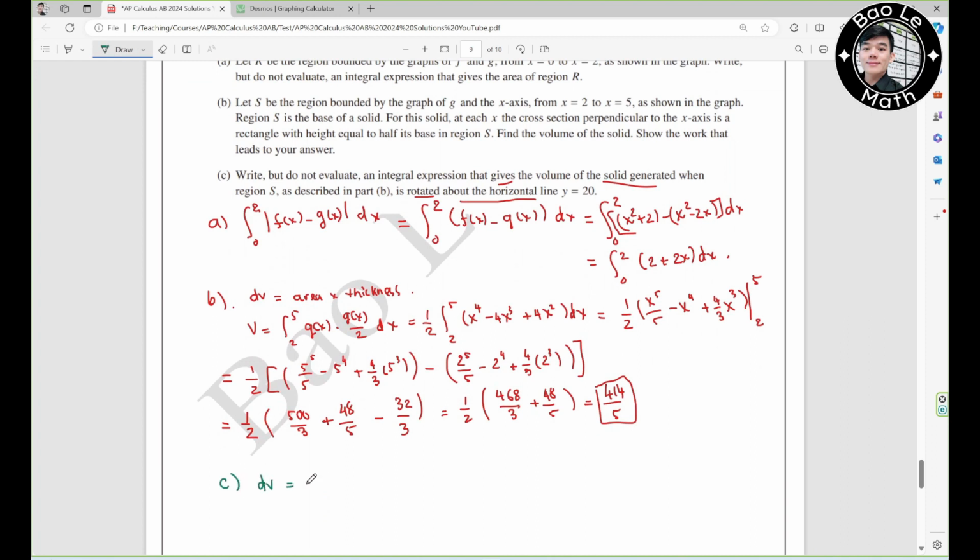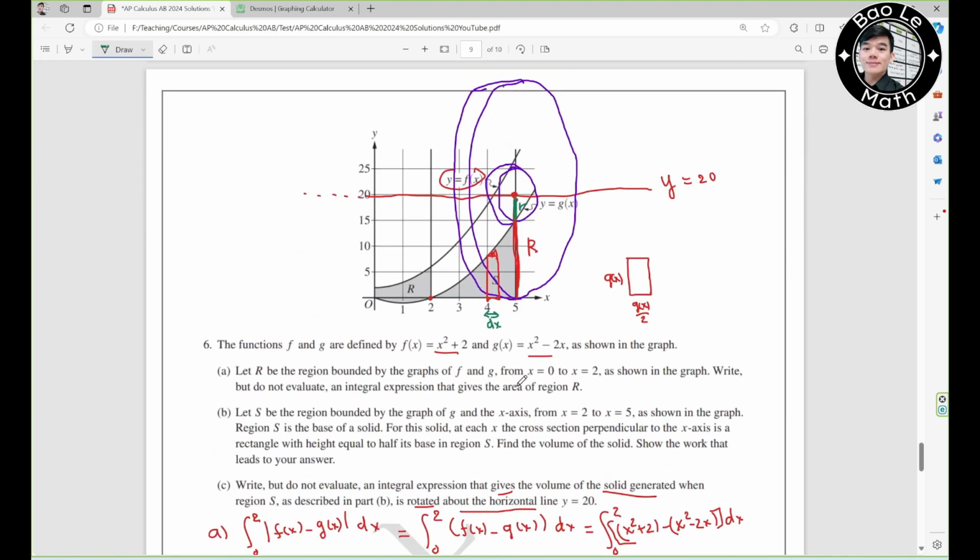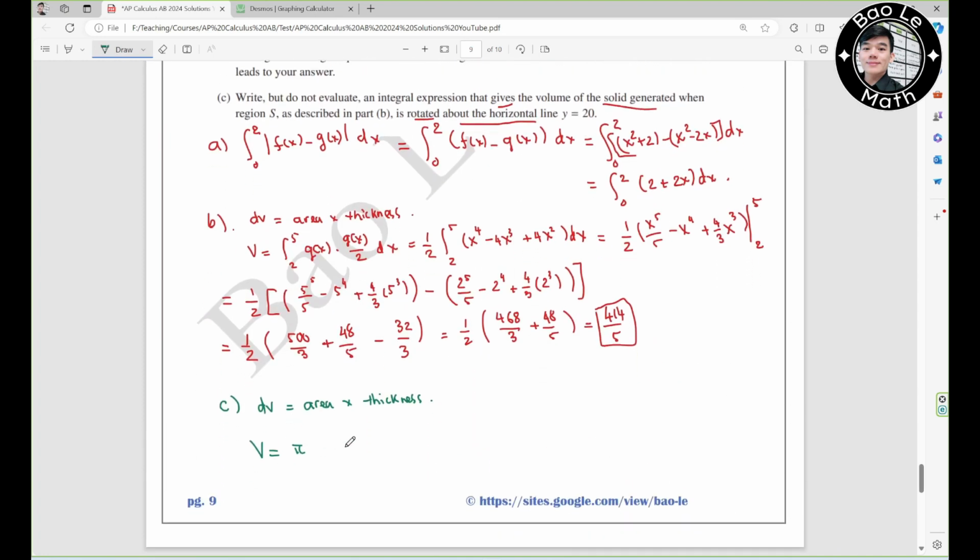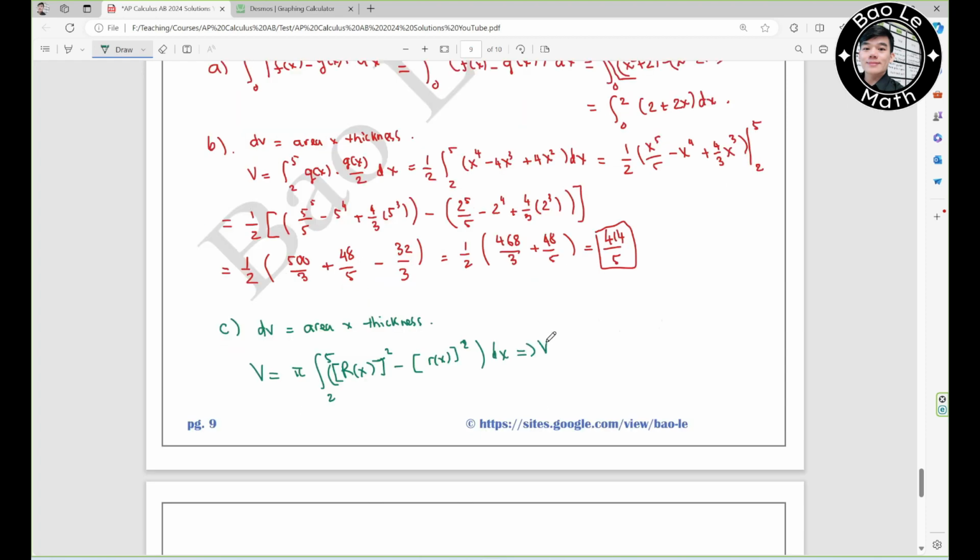Question C. We have dV equals area times thickness. So V is going to be pi, the area of the bigger circle is going to be pi R squared, and we subtract the smaller one right here. So it could be pi, the integral from 2 to 5 of R(s) squared minus the radius of the smaller one, r(s) squared, times the thickness, ds.